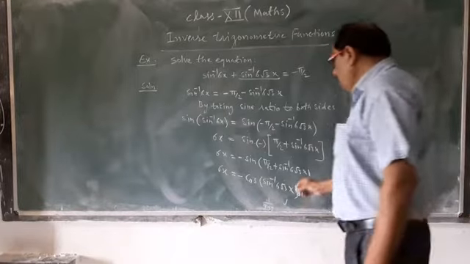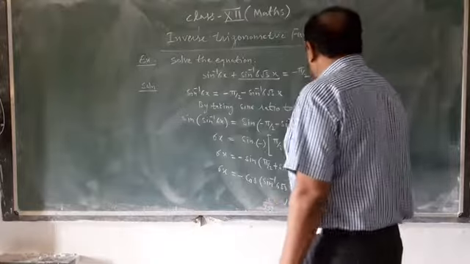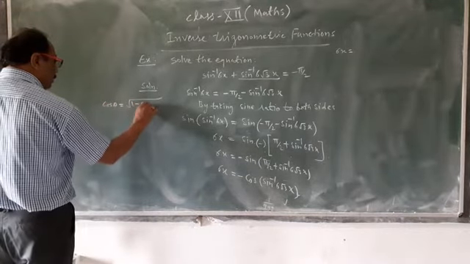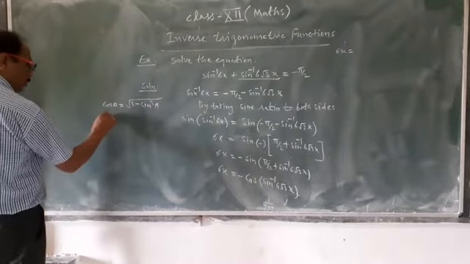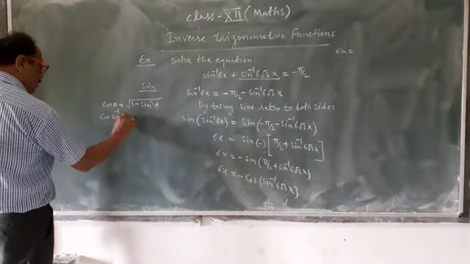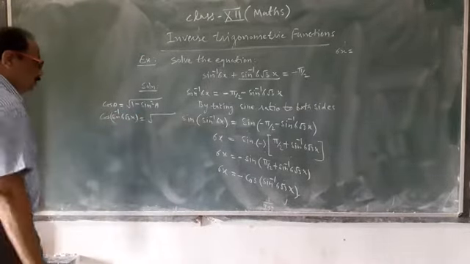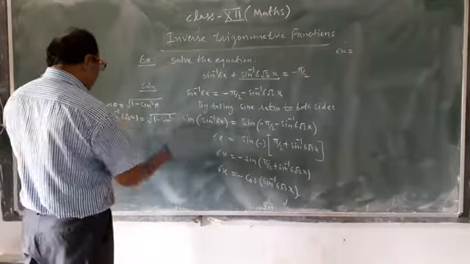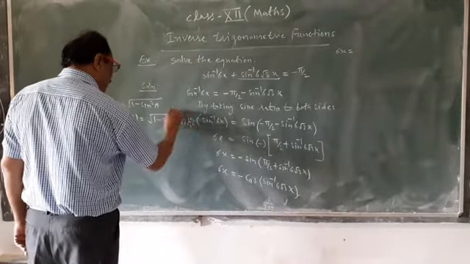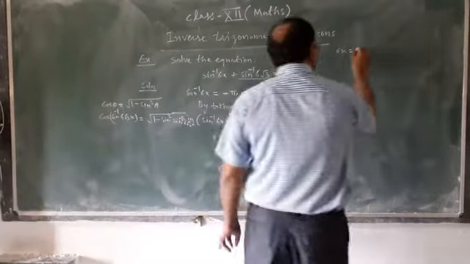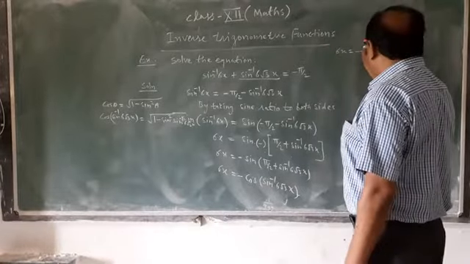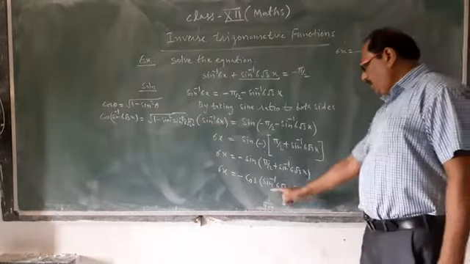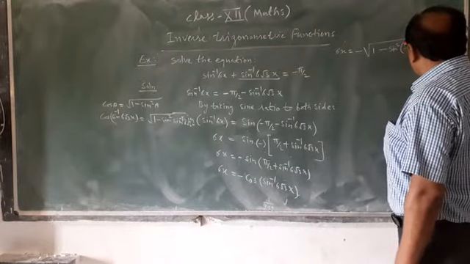Then 6x is equal to, what is cos theta? Cos theta is equal to square root of 1 minus sin square theta, means cos of sin inverse of 6 root 3x is equal to under root of 1 minus sin square theta, where theta is sin inverse of 6 root 3x.